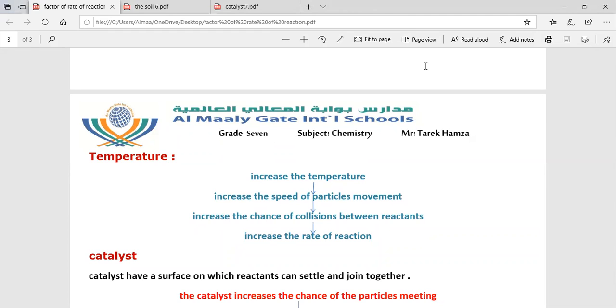Again, increase the temperature, increase the speed of particle movement, increase the chance of collisions between reactants, so increase the rate of reaction.